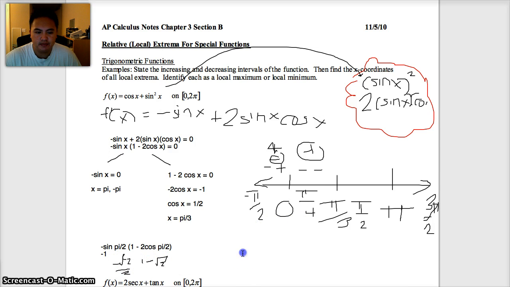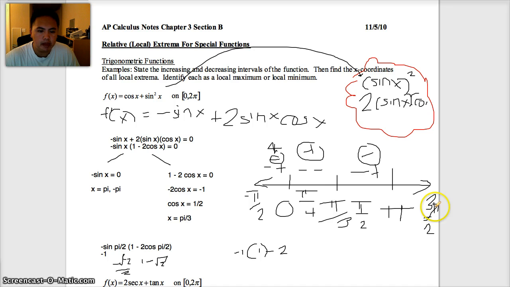Sine of pi over 2 is 1. There's that negative out in front, which is negative. I get 1 minus 2 cosine pi over 2. Remember, cosine pi over 2 is 0. So this all just cancels. I get negative times a positive, and negative times a positive is a negative.